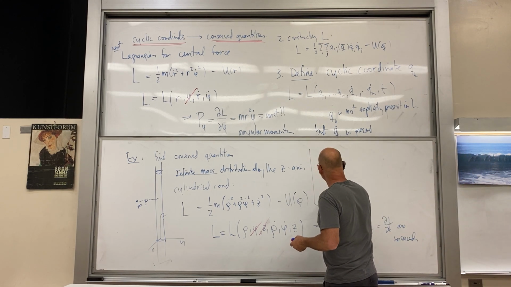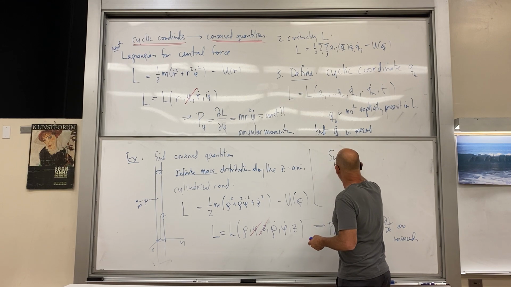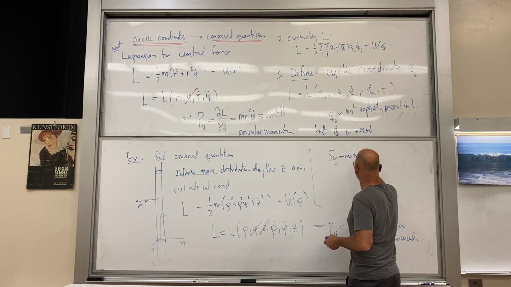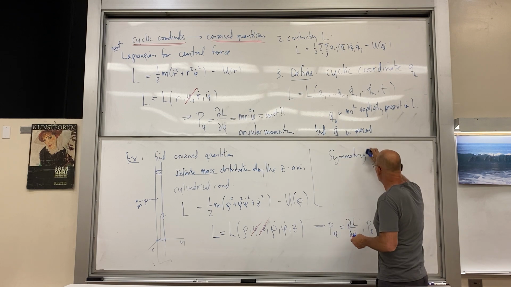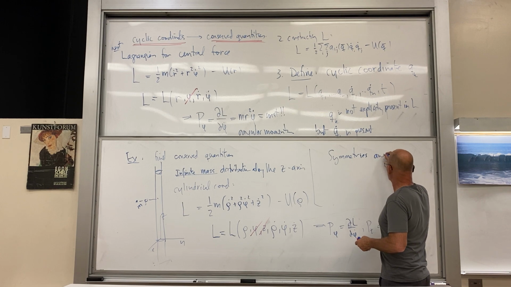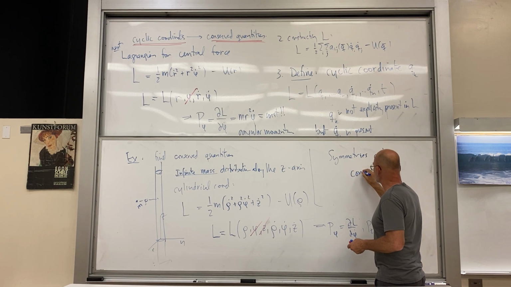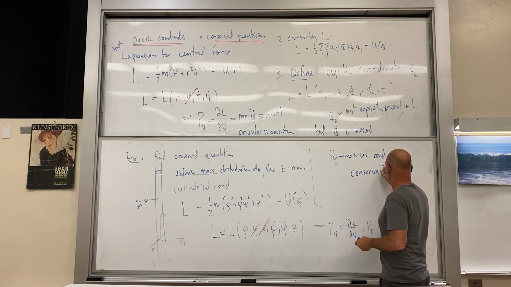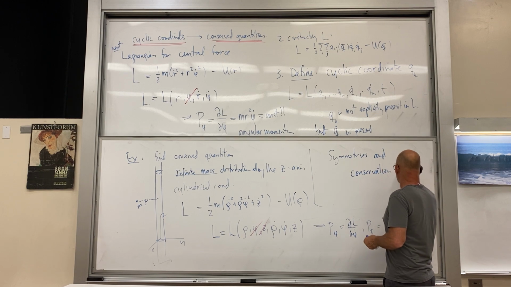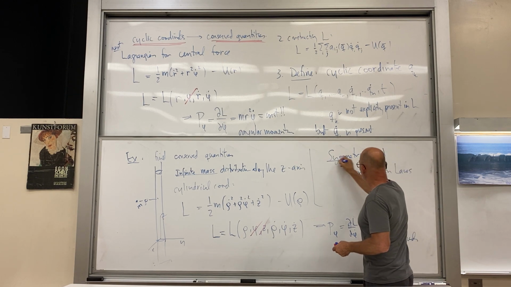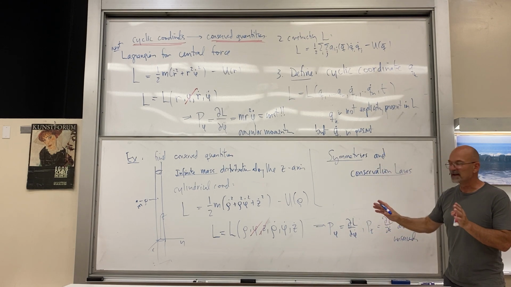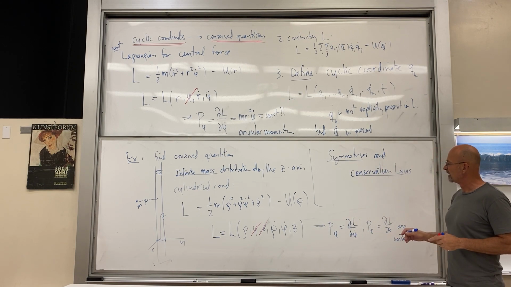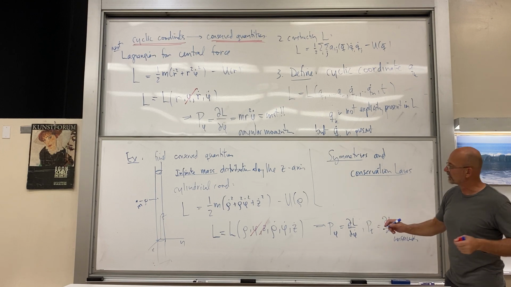So this brings us to the topic of symmetries and conservation laws. We just talked about conservation laws a few days ago. This time in the Lagrangian formalism, you get a whole other view of them. Very nice.